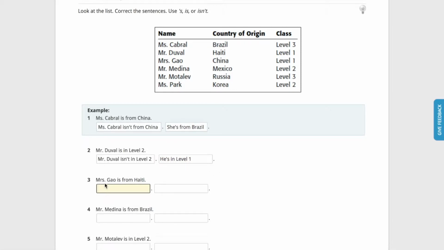Let's do the number 3. Mrs. means she's married. It's a female. Mrs. Zhao is from Haiti. Well, let's go look. Mrs. Zhao is from China, level 1. All right? So Mrs. Zhao is not from Haiti. She isn't. Mrs. Zhao isn't from Haiti.